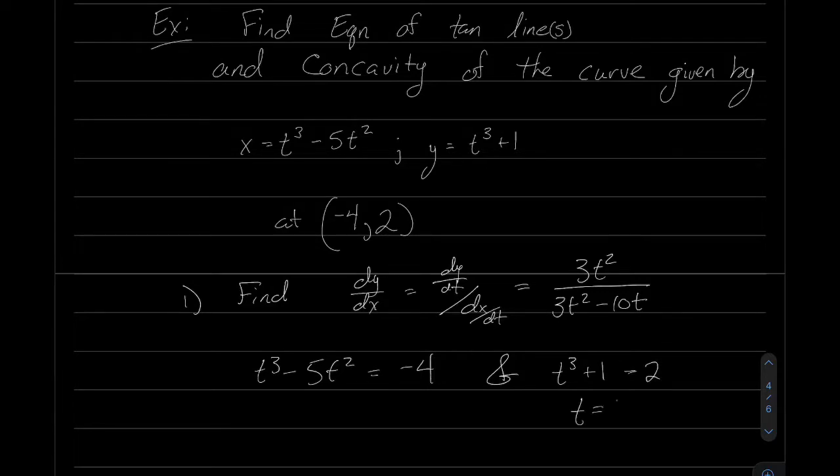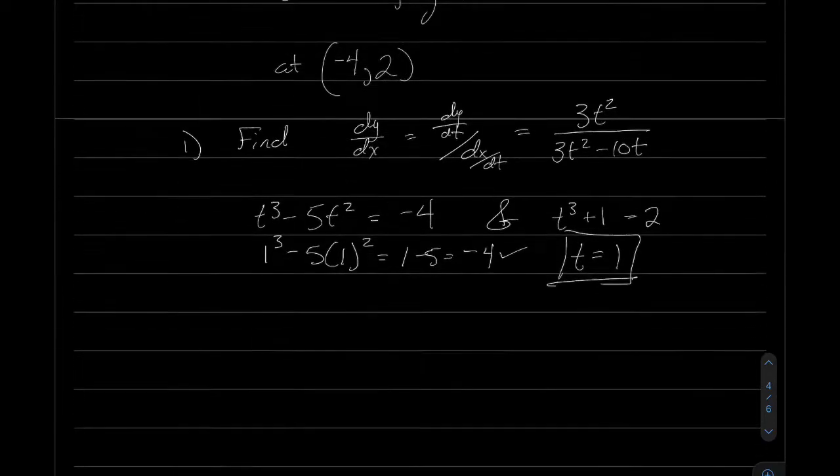This tells us that t must be equal to 1. So let's go ahead, since this is our only possible value of t for the y's, plug it in to the x and make sure we get -4 out. So 1 cubed minus 5 times 1 squared is 1 minus 5, which is -4. So our t is equal to 1.